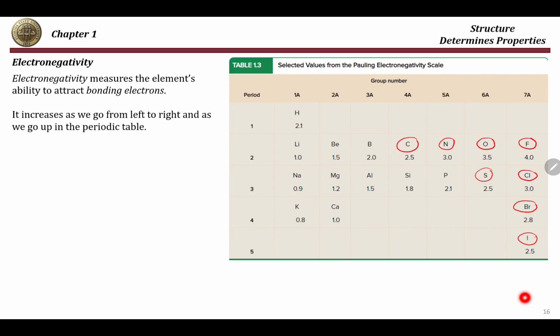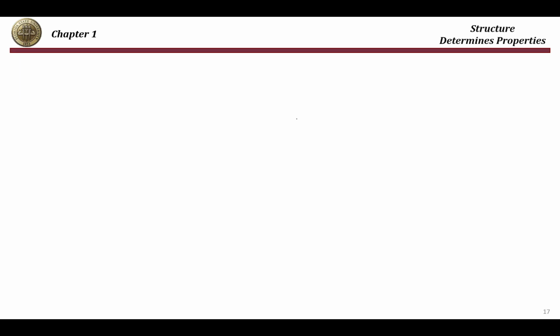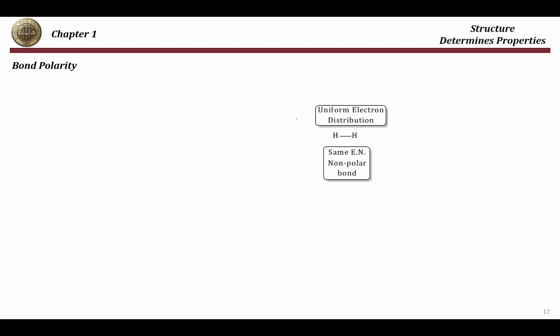So what is the effect of electronegativity on covalent bonds? Electronegativity difference leads to something called bond polarity. If we have a covalent bond between two similar elements, or two elements with very close electronegativity values, then the bond will be considered a non-polar bond. Why?